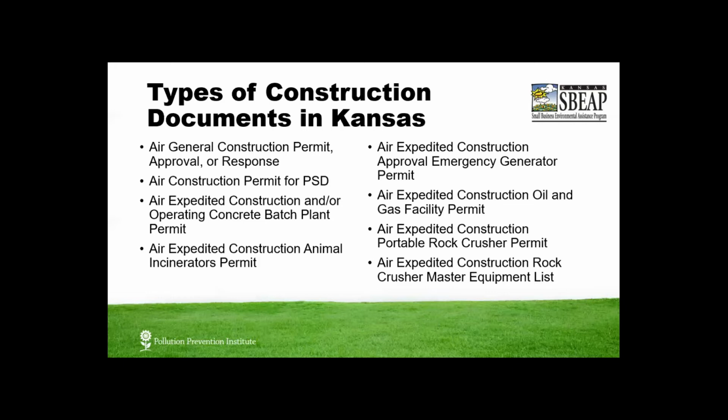These include general construction approvals and permits, permits for sources needing a prevention of significant deterioration, or PSD permit, expedited permits for concrete batch plants, animal incinerators, oil and gas extraction, portable and stationary rock crushers, as well as expedited approval for emergency generators.